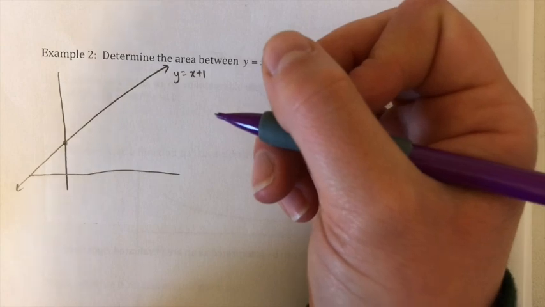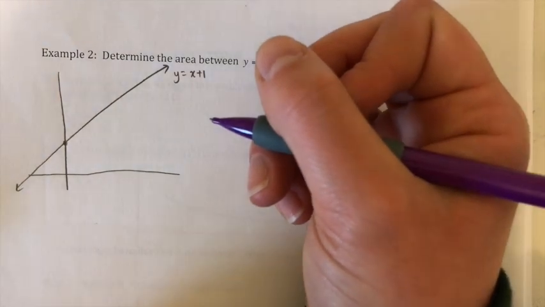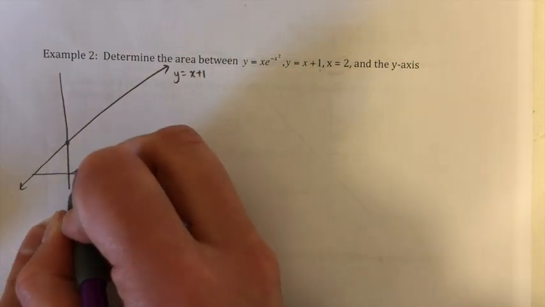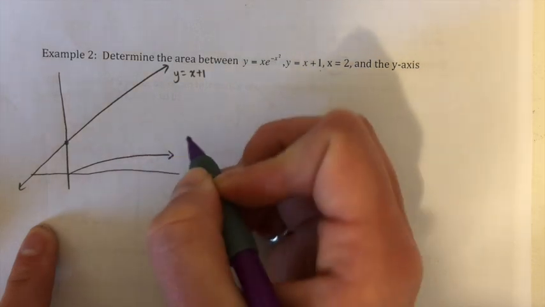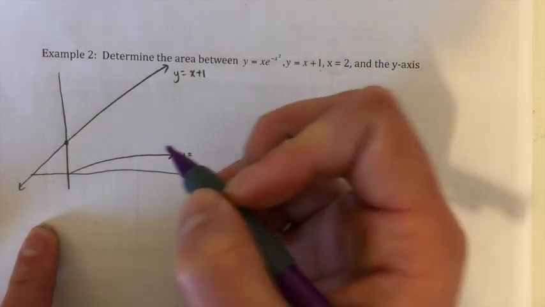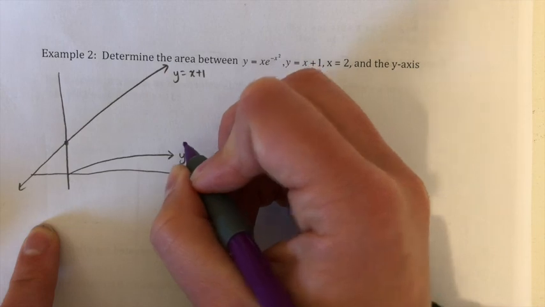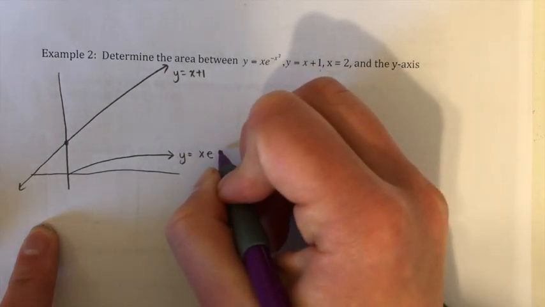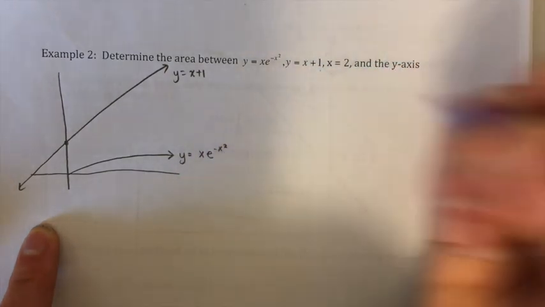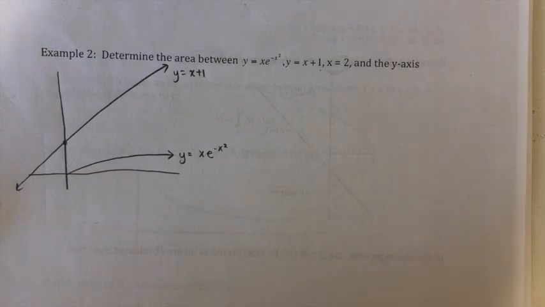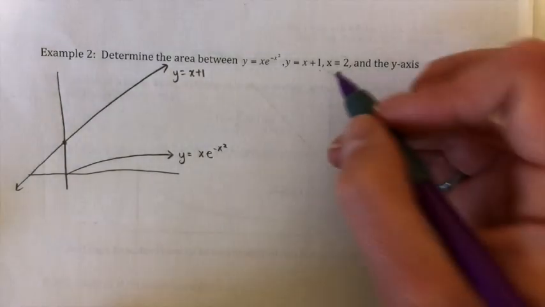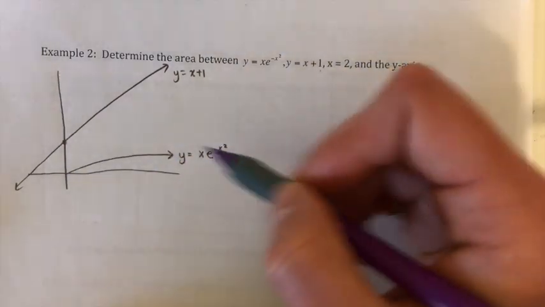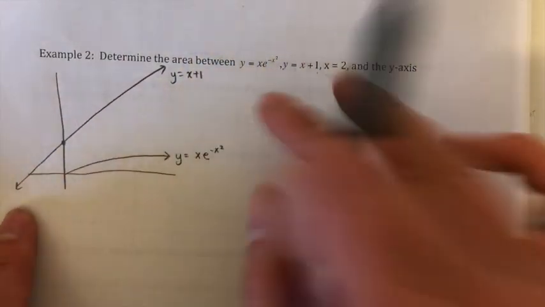Then our x times e to the negative x squared, I had to actually graph that, and it kind of looks like this. So that looks like that. So now we need actual points to figure out where we want the area between.